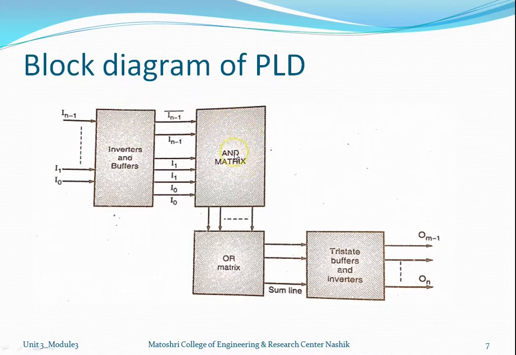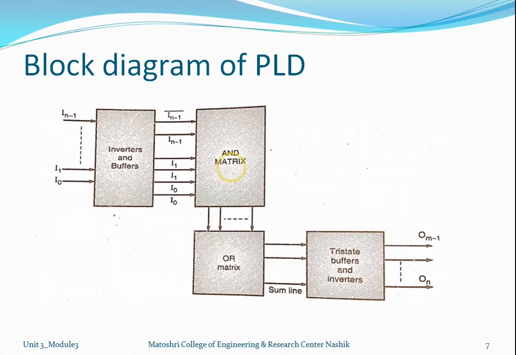The logic diagram of the AND matrix we will see in upcoming slides. Horizontal wires provide all literals while vertical lines provide the product terms in the case of the AND matrix. In the upcoming slides we will see how the AND matrix is internally built and how the vertical and horizontal lines are connected.